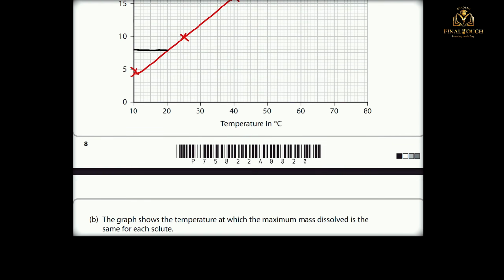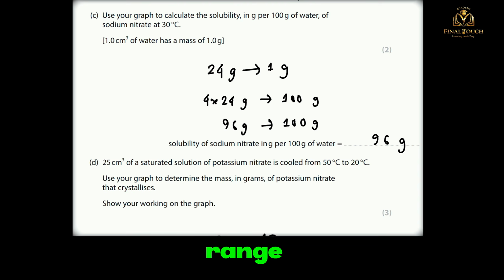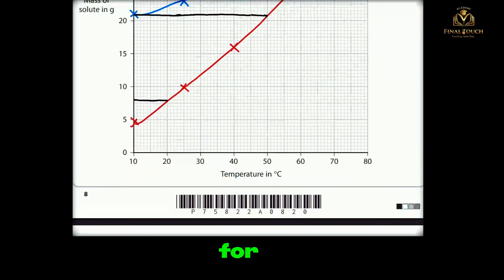So we have our values. 21 minus 6, we end up with 15. So it will be 15 grams. There is a range of values accepted for this answer depending on the curve you draw.